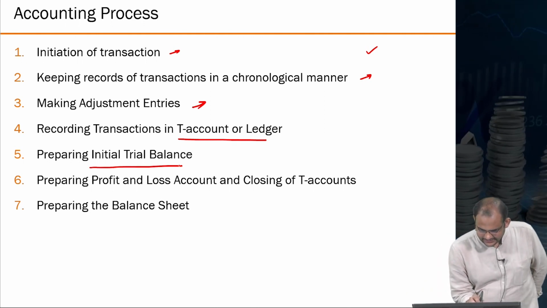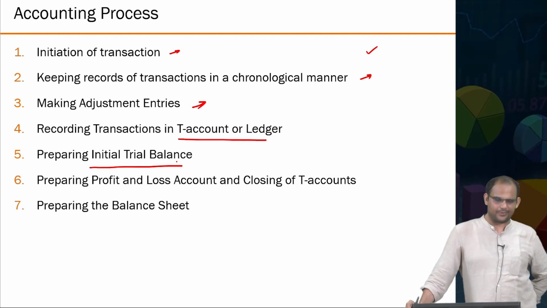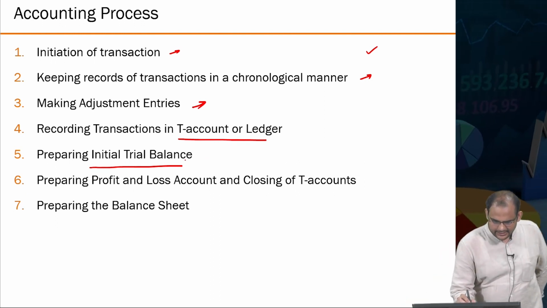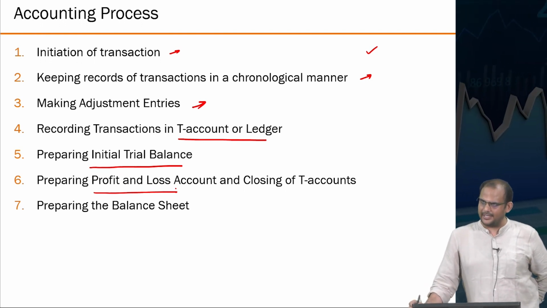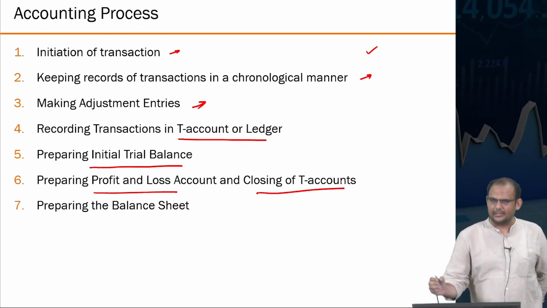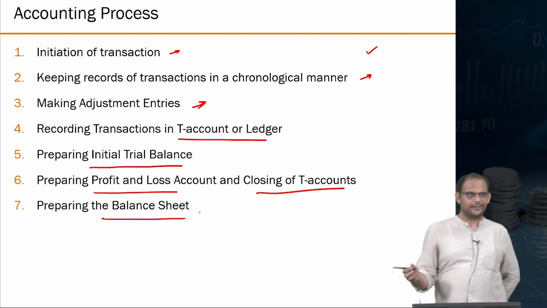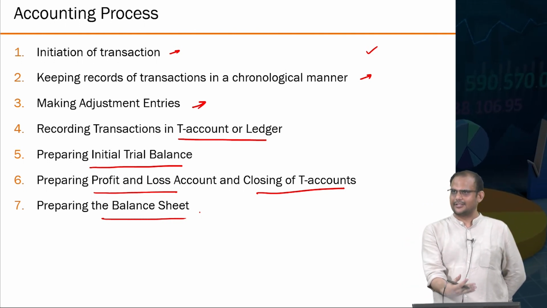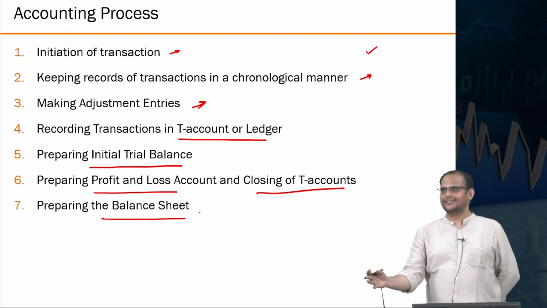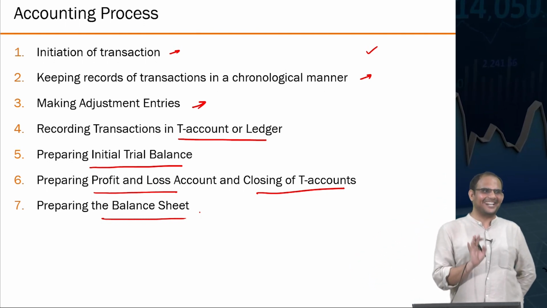You prepare something called an initial trial balance. Okay. Based on this information, you prepare a profit and loss account statement, and then you close the T accounts, and then finally you prepare a balance sheet. So your CA is doing all of this for every transaction in their life. So don't underestimate the work that they are doing.